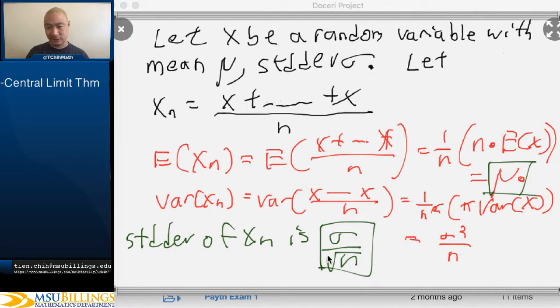As n gets larger, square root of n gets larger, and sigma over square root of n gets smaller and smaller and smaller, right? And if you think about this, this is kind of common sense, right?